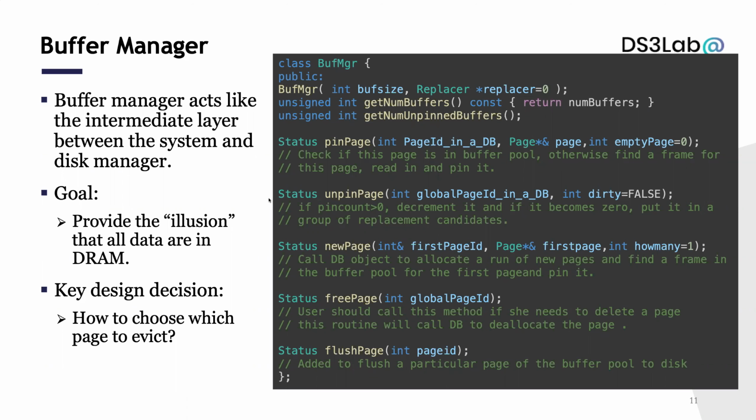You can unpin a page, which is one way for the upper layer to tell the buffer manager, okay, I do not need this page anymore, feel free to evict it if you need to. And then it can create a new page. It can free a page. It can flush a page from the buffer to the hard drive. So as you can see, all these interfaces are pretty natural for a buffer manager.